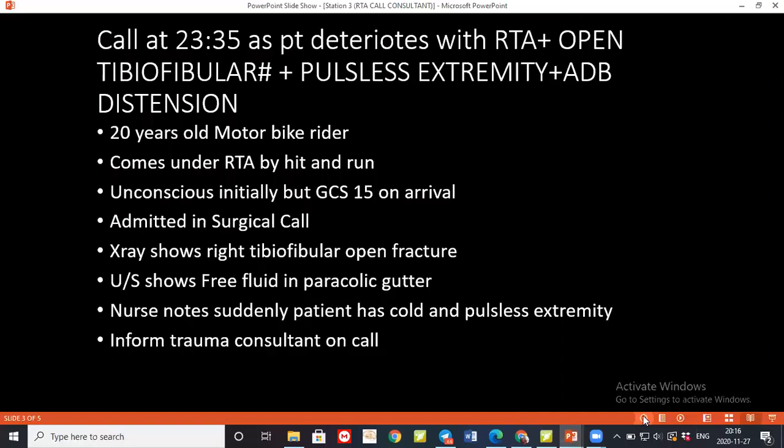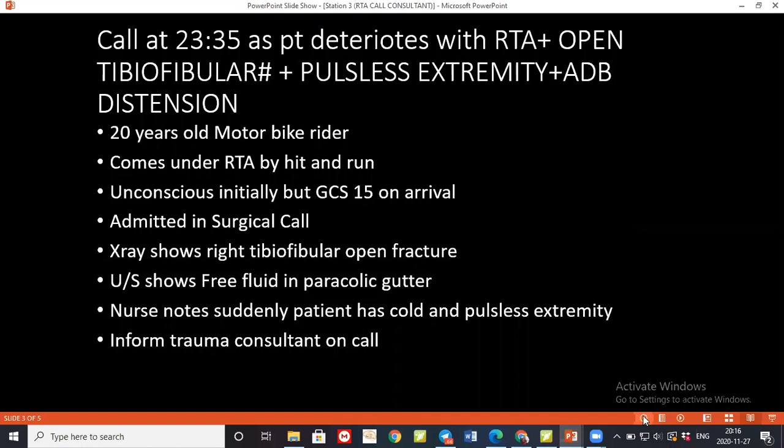Okay, what is your plan of management? Okay, I will manage the patient according to the ATLS protocols, starting from airway with C-spine, breathing, circulation, and disability and exposure, and then manage the fracture. We'll inspect the wound, and we'll give normal saline washes of the wound.